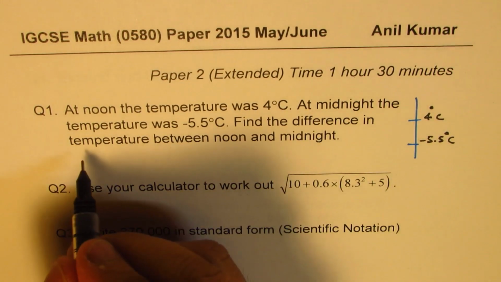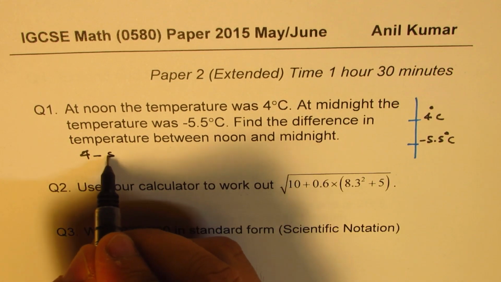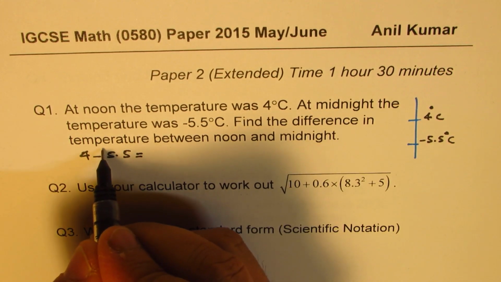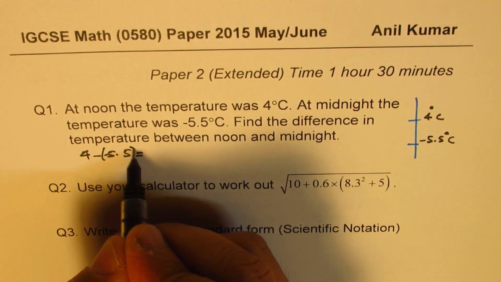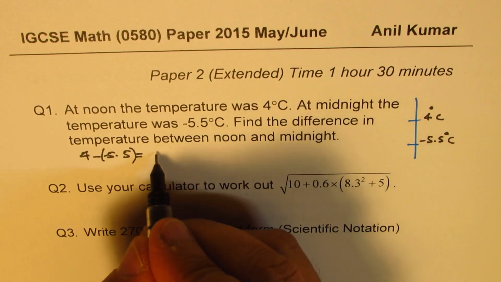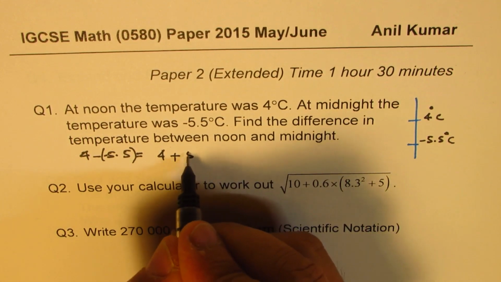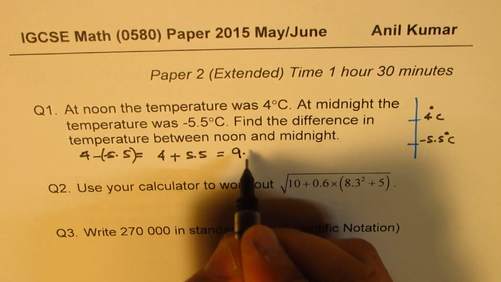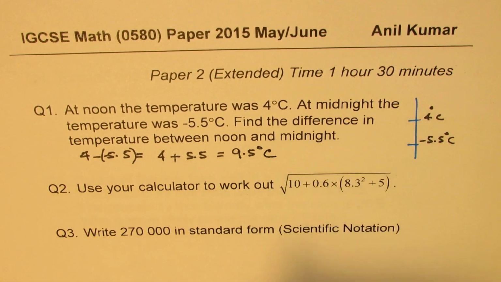So what is the difference? The difference is 4 minus (minus 5.5). So I should write minus of minus since it is negative. So it becomes 4 plus 5.5, and so we could write this as 9.5 degrees centigrade. So that becomes the answer.